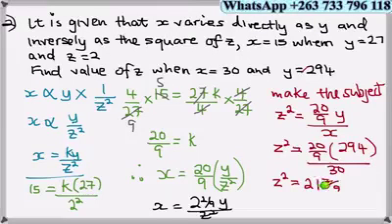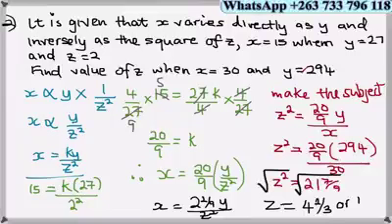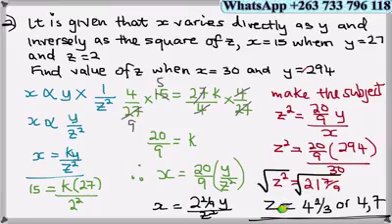So it's 21 and 7/9. Then find the square root of this. Just put a square root on your calculator. So this will give you z is equal to 4 and 2/3, or 4.7 to 2 significant figures, or 4.67 to 3 significant figures. So that's how we can calculate the value of z.